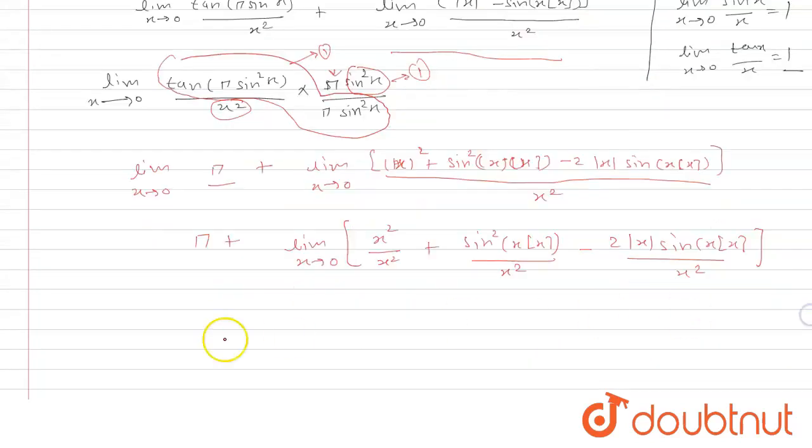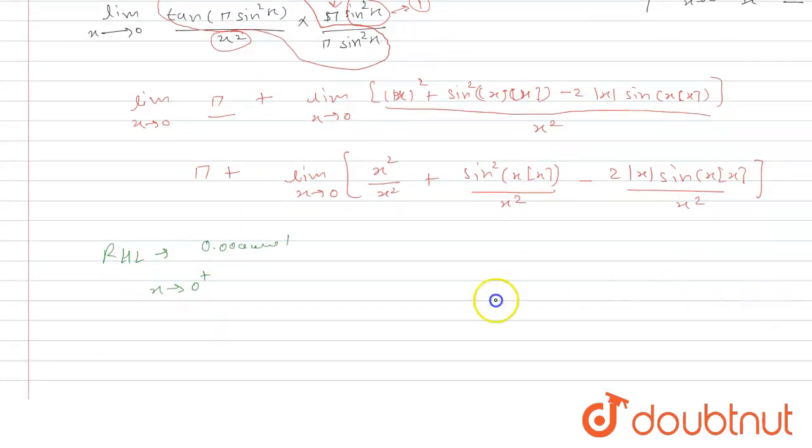Now let's find the right hand limit. The right hand limit is x tends to 0 plus, that means 0.000001, so the greatest integer of 0 point something will be 0, and |x| will be positive, that means x.